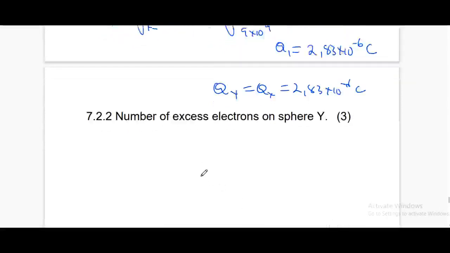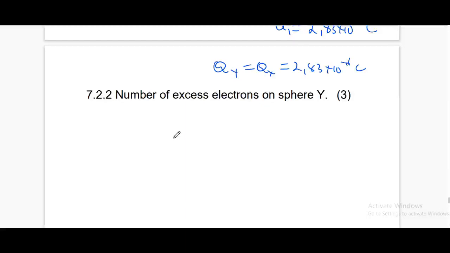Now they're asking to calculate the number of excess electrons on sphere Y. We know that sphere Y has a magnitude of 2.83 microcoulomb, but now we need to include its charge, so it's minus 2.83 times 10 to the power minus 6 coulombs.